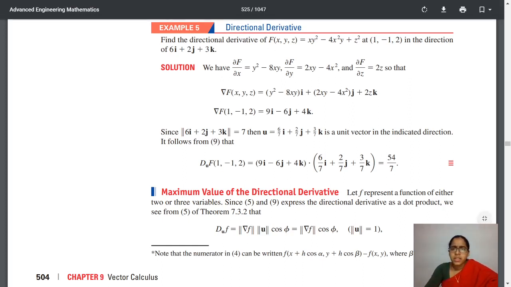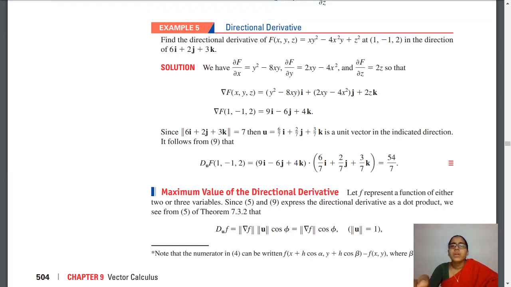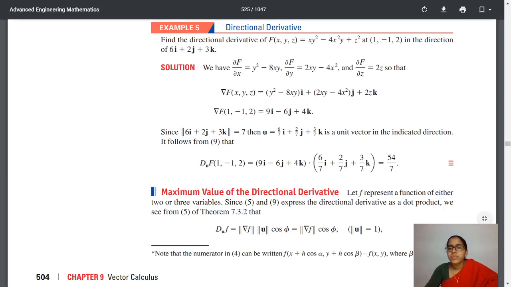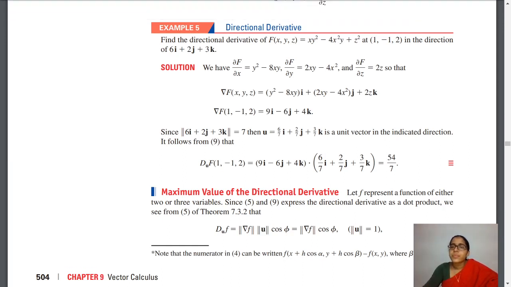Then we can find the grad f. Grad f will be (y square minus 8xy) i plus (2xy minus 4x square) j plus 2z k. And what will be the grad f at the point (1, minus 1, 2)? The value will be 9i minus 6j plus 4k.